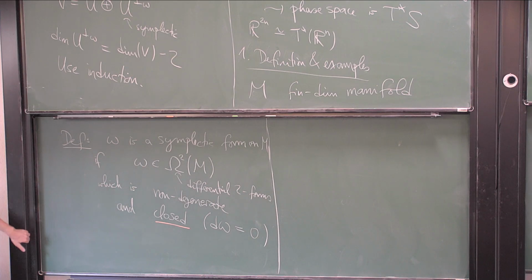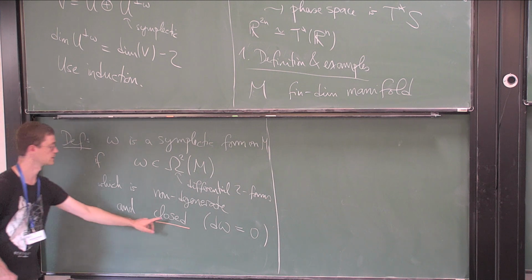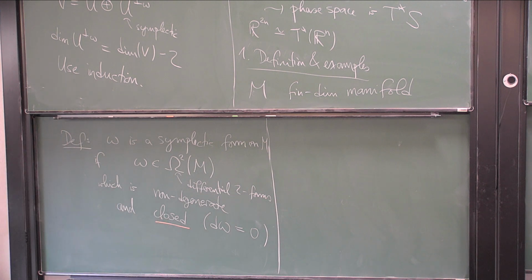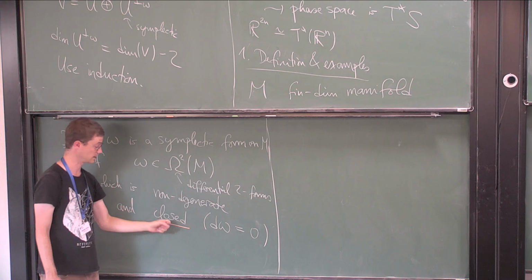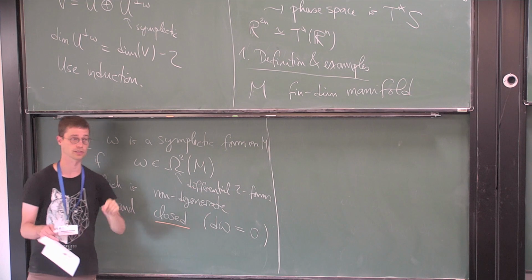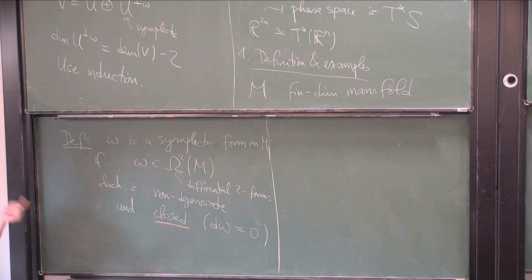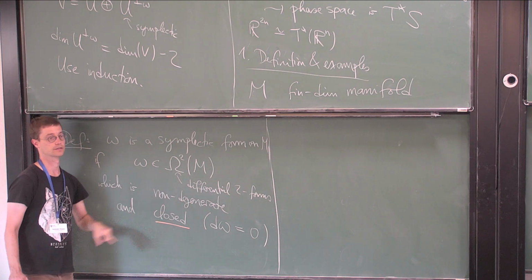At some point we'll prove this, and in the proof it's very important to have this closedness assumption. Another spot where this condition is very important is when we define Poisson brackets. Poisson brackets have the Jacobi identity, and you can prove that the Jacobi identity is actually equivalent to this form being closed.